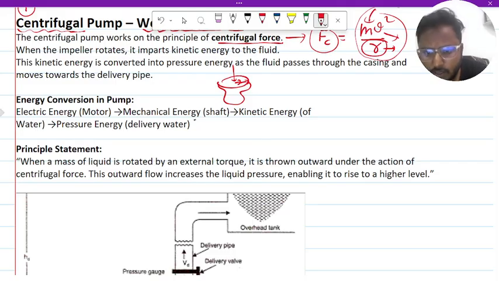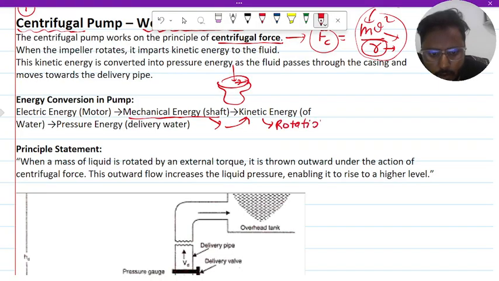The only difference is that the mechanical energy will be converted into a kind of kinetic energy. And what kind of kinetic energy is this? It is rotational kinetic energy.